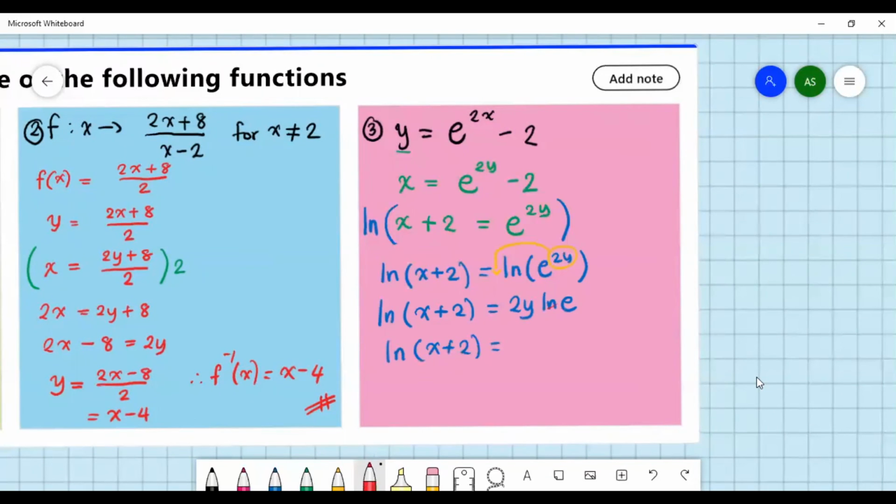So we are left with 2y. Therefore, our y now is ln of x plus 2 divided by 2. So the inverse function is equal to ln of x plus 2 all over 2.